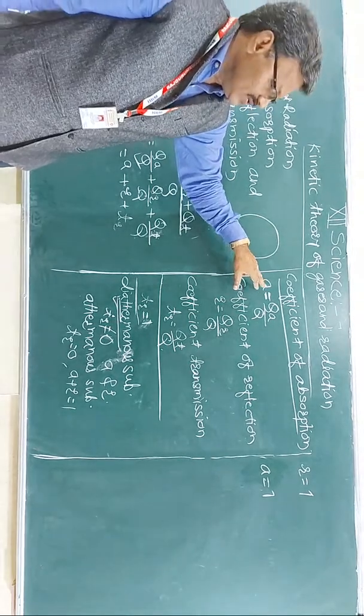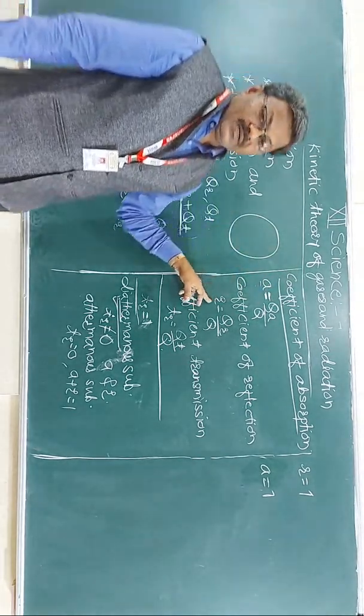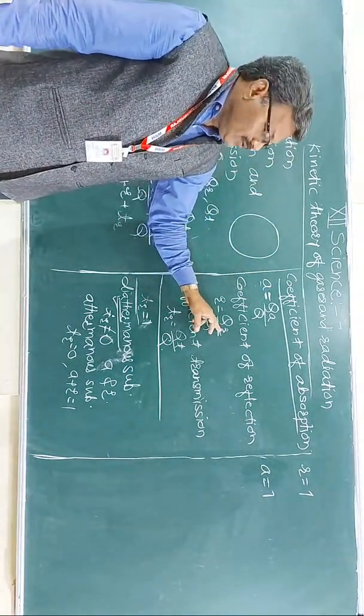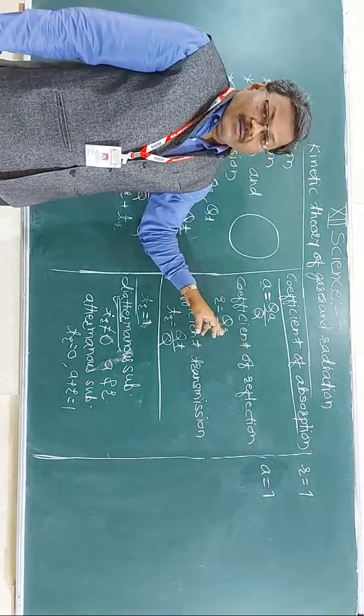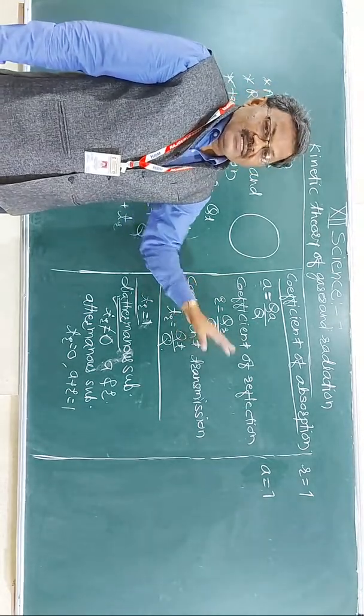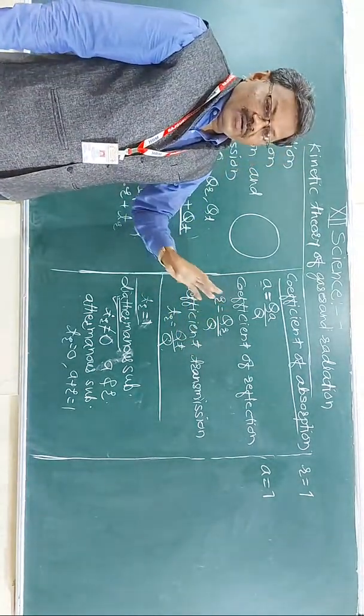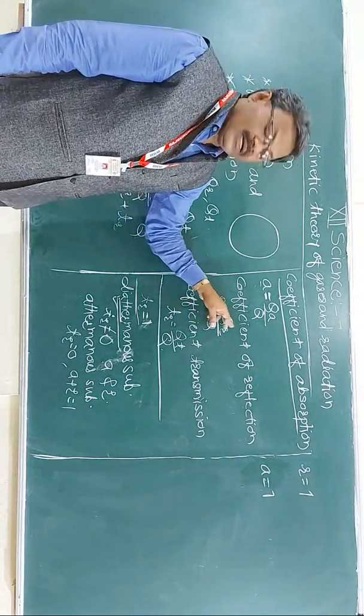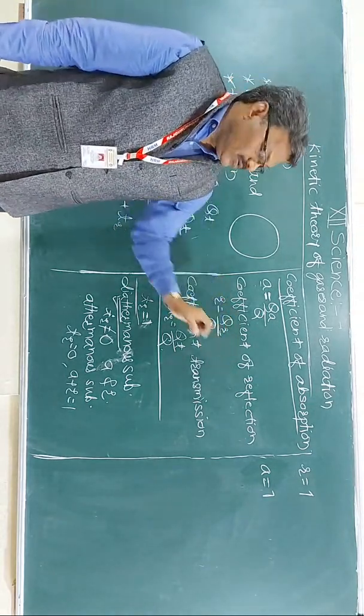This ratio is called the coefficient of absorption. The ratio of the quantity of radiant energy reflected to the total quantity of radiant energy incident on it is called the coefficient of reflection.